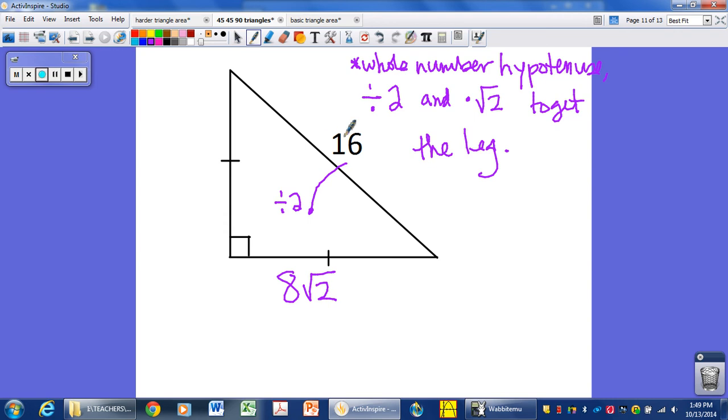So if a hypotenuse is a whole number, divide it by 2, multiply by root 2. Because when you do it backwards, when you do 8 roots of 2 times root 2, that's actually 8 times 2, which gives you the 16. So if you have a whole number hypotenuse, divide it by 2, multiply by root 2 in order to get the leg length.